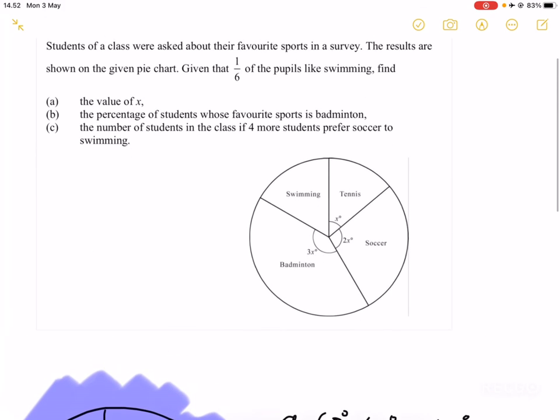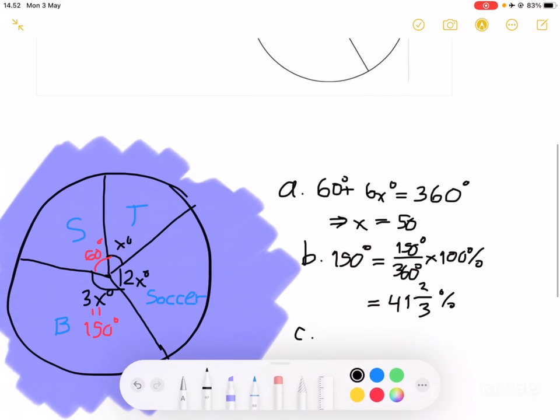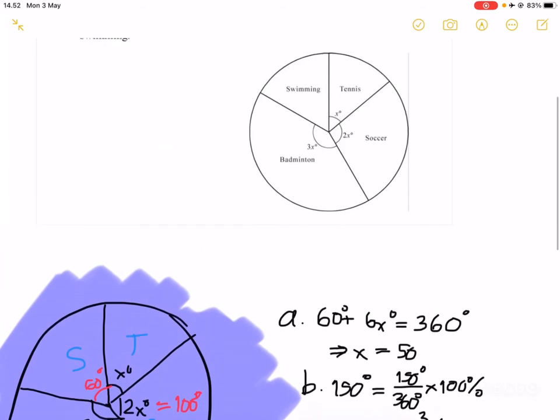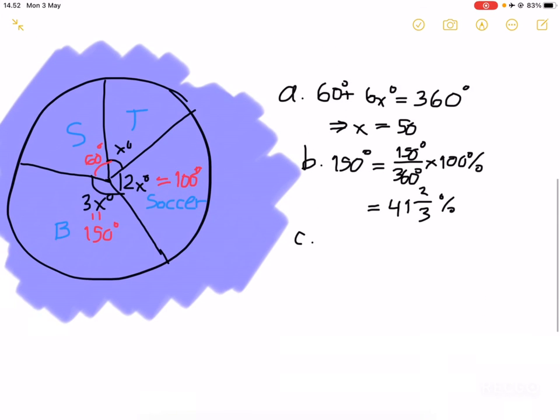And for part C, which is the last part, we need to find the number of students in the class if 4 more students prefer soccer to swimming. Well, the angle right here of 2x is equal to 100 degrees. You can suppose the total number of students in the class to be x.